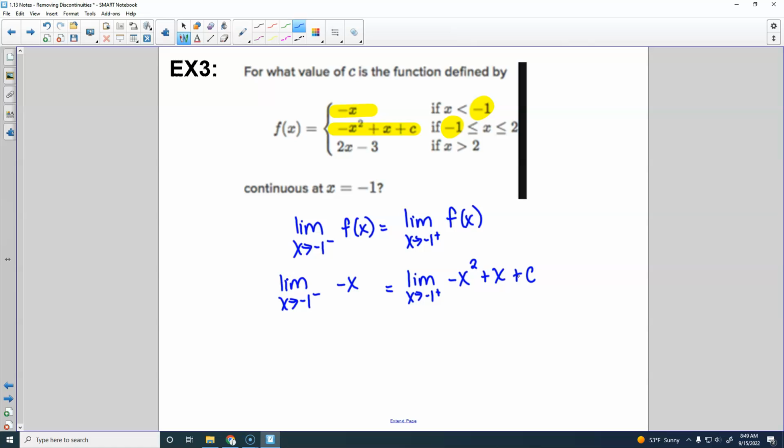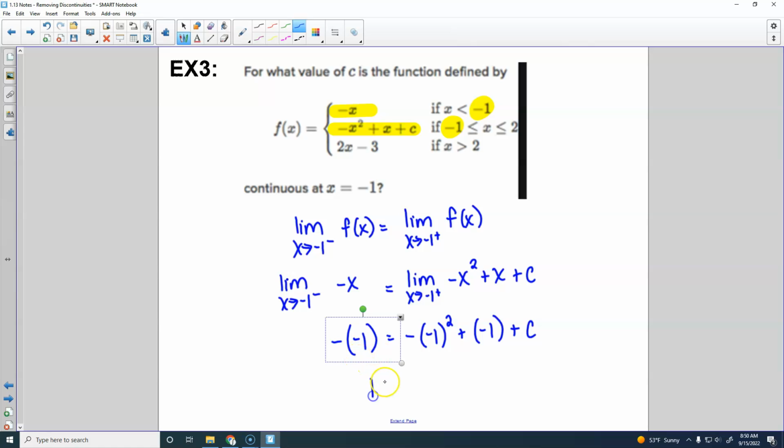So for these, we are just plugging in the -1 for the x, okay? So I would plug in -1 here, and I'd get -1 on that left side. Over here, on the right-hand side, I would do -1 squared plus -1 plus c. I don't replace the c because it's not c approaches -1, it's x approaches -1. So that constant has to stay there.